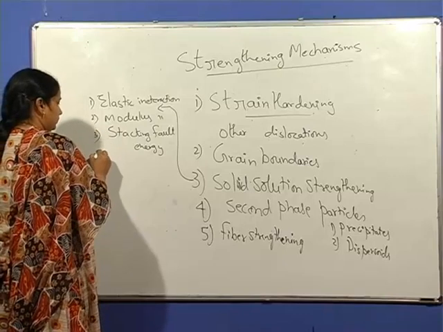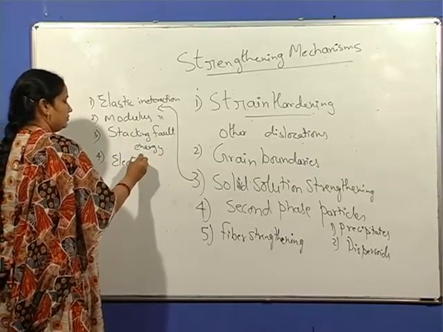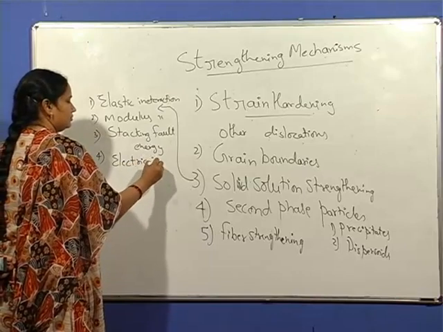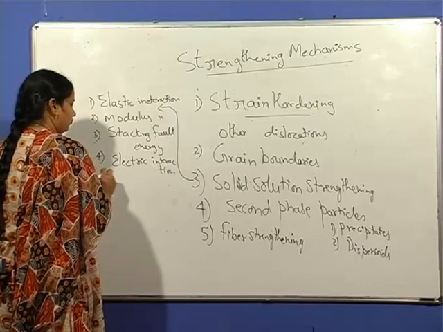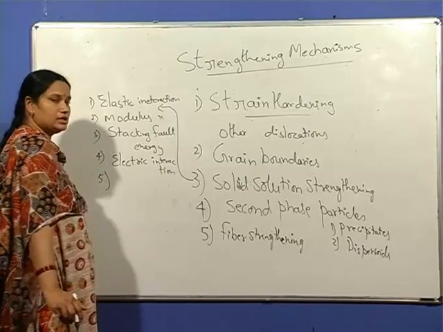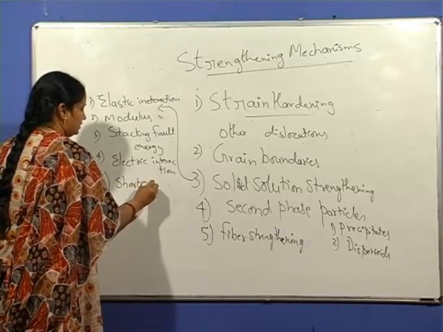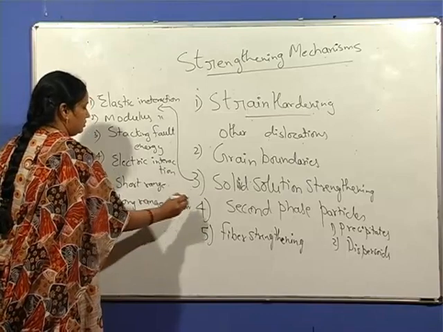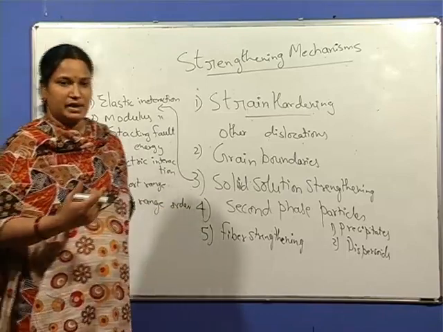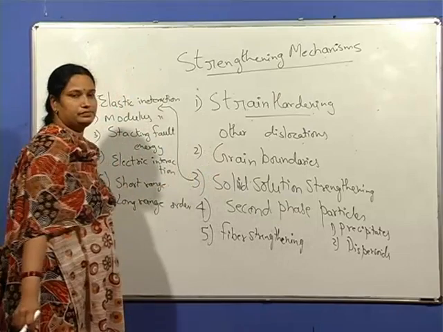The fourth type is electric interaction. The fifth type is short range order, and the sixth type is long range order. So these are the various mechanisms of solid solution strengthening.